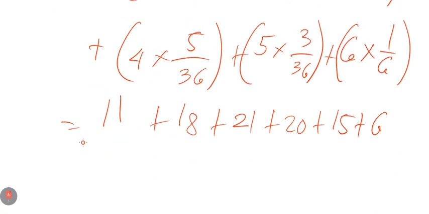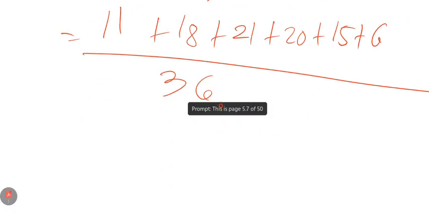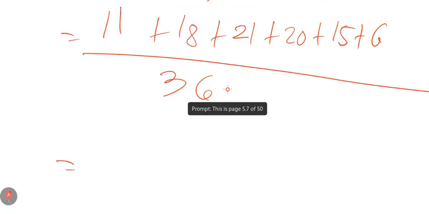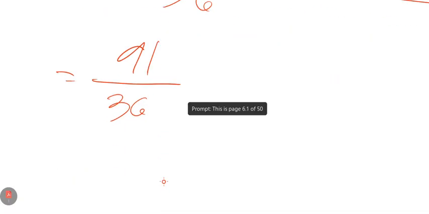Now divided by 36 there. Okay. Now that's going to give us the total for all of those numbers: 11 plus 18 plus 21 plus 20 plus 15 plus 6. That's going to give us about 91 over 36 then. Now we're going to divide here.